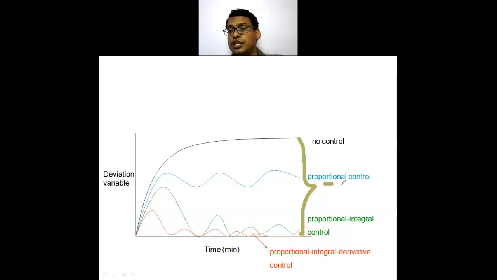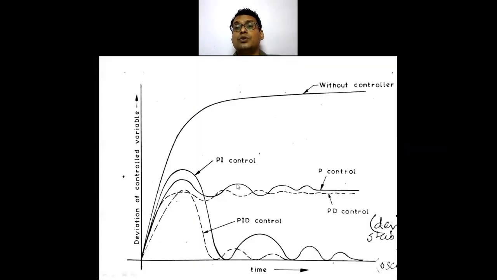Then there is a proportional controller that has been incorporated. This proportional controller has oscillations, its response is oscillatory, and after a very long time it may attain a steady state value, after infinite time. Then there can be the proportional derivative controller also. This is the graph for the proportional derivative controller.